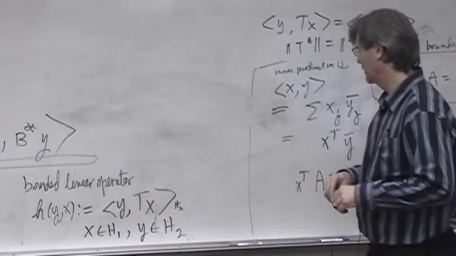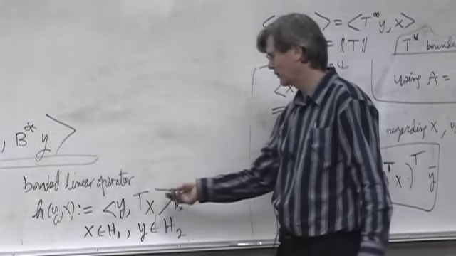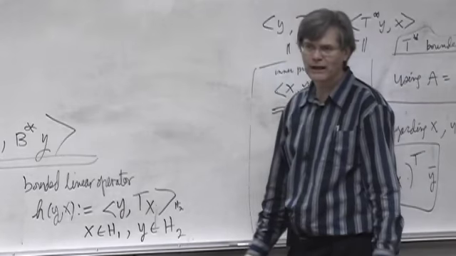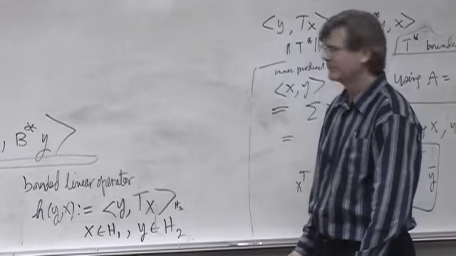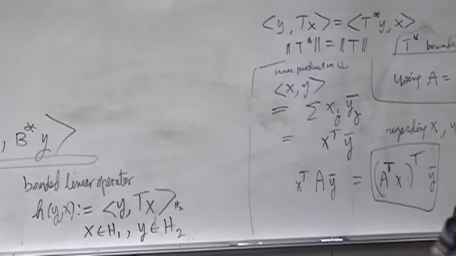And so we're going to have a Riesz representation theorem for such forms, instead of just having one variable, two variables. And so once we get it, we're going to be able to write it out this way.